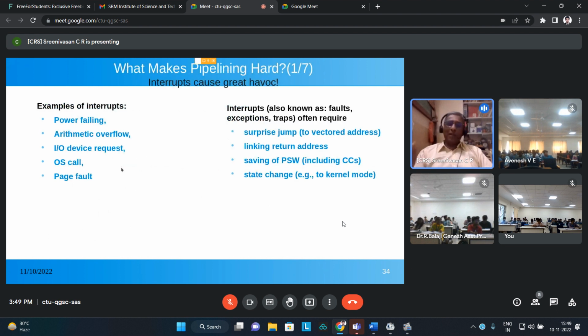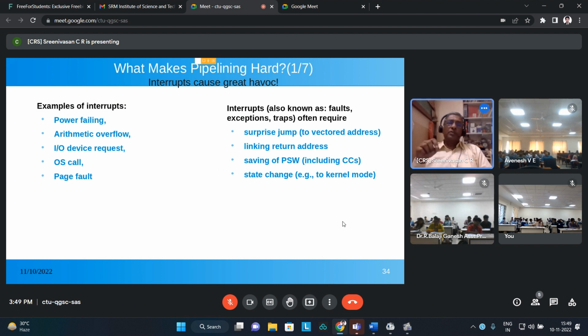So what makes pipelining hard? One of the fundamental topics you have to see on why pipelining is hard is primarily because of interrupts. There are different sets of interrupts. Control C is a keyboard interrupt. There is a non-maskable interrupt generated from a microprocessor.